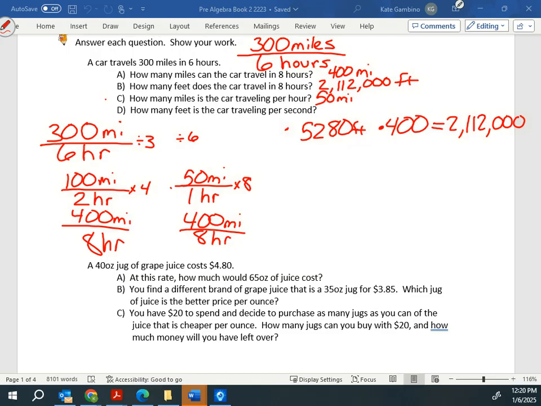I already showed that work. I don't have to show it again. I'm just using work that I did to answer a previous question to answer that one. So if I had done it Beckett's way, it wouldn't be showing, so I would have to work it out again. Okay. And D, how many feet is the car traveling per second?